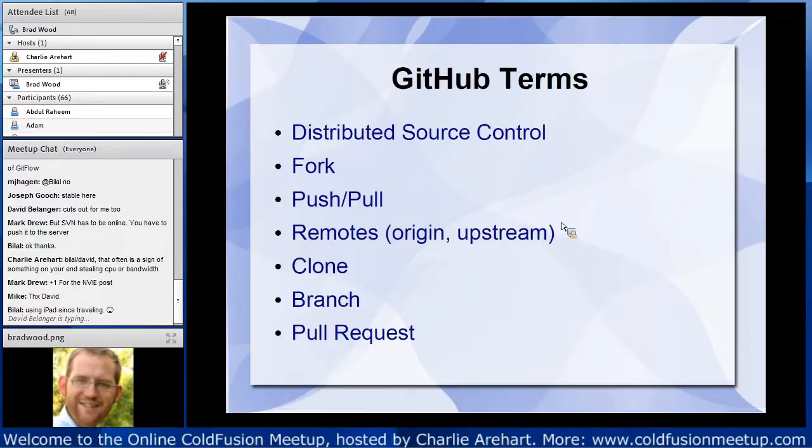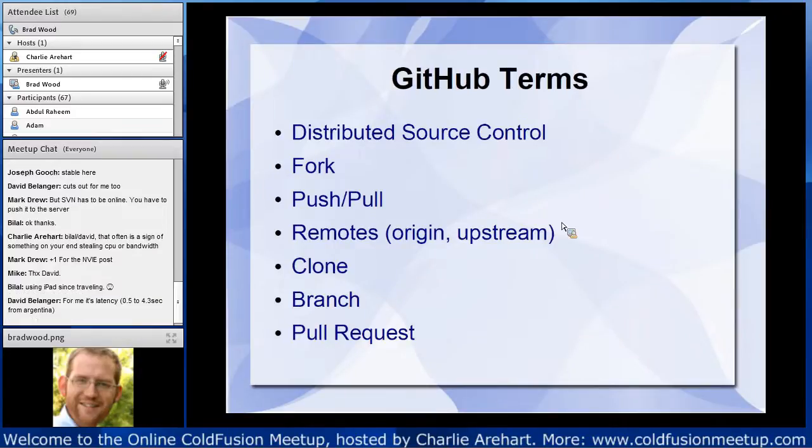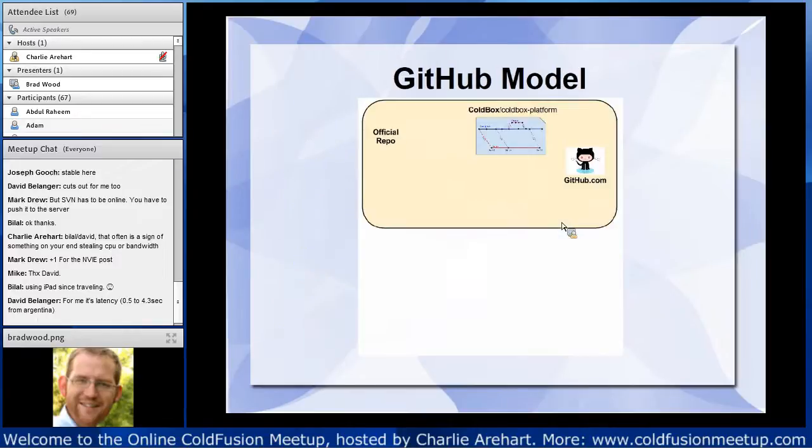A branch, we covered a little bit a minute ago when we were showing our example, the ColdBox repository. A branch is sort of like a copy inside of a repository. And then, of course, a pull request is sort of the grand culmination of what we're trying to get to today, which is when you submit a suggested change back to another person's repository.